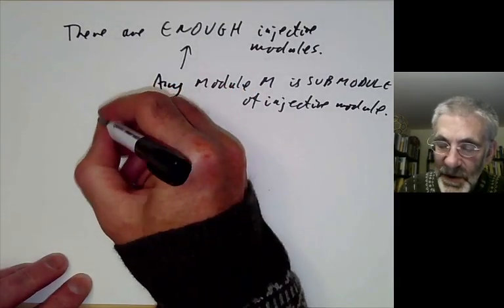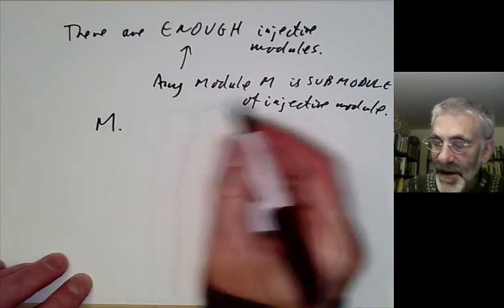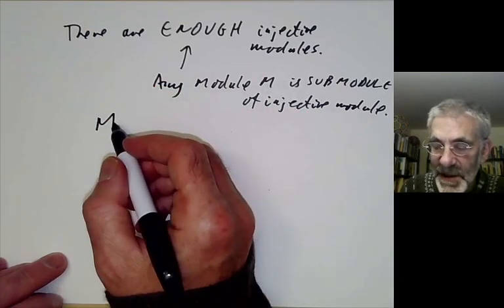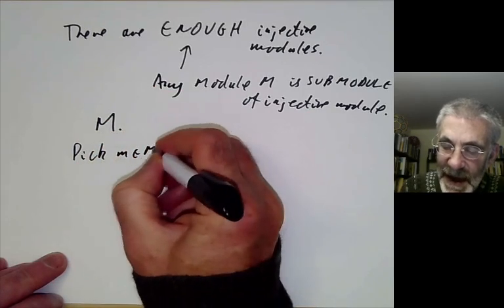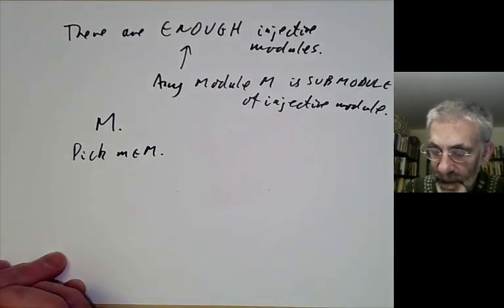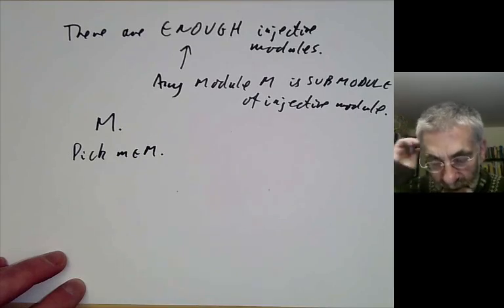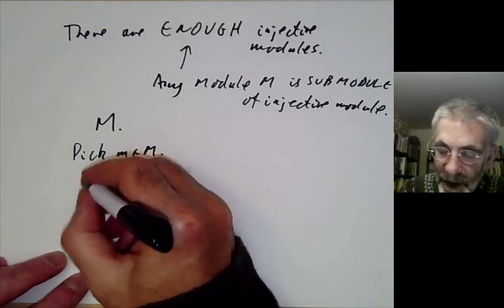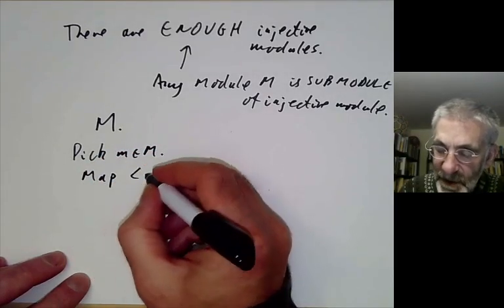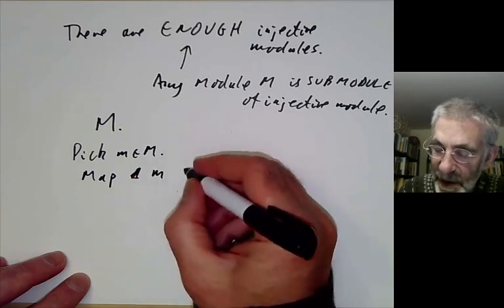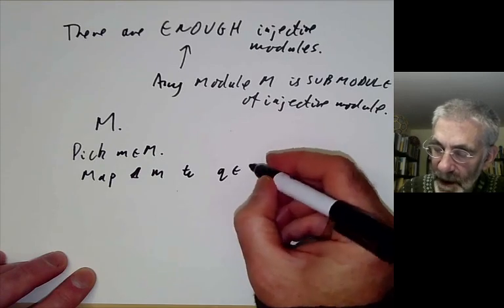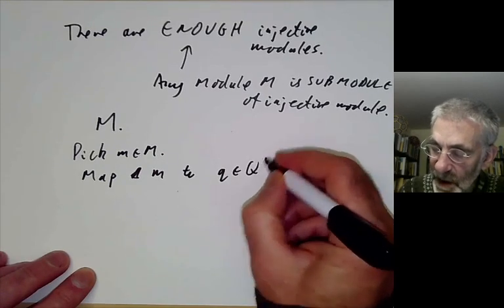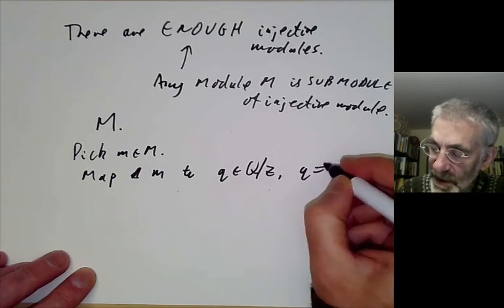Suppose we've got a module M. We want to find an injective module such that M is a submodule of it. Well, let's pick some little element m in M. And then we're going to map m to some element q in, say, Q/Z, with q not equal to 0.